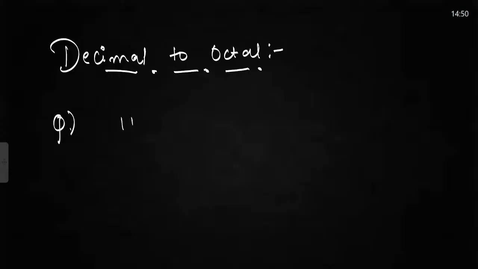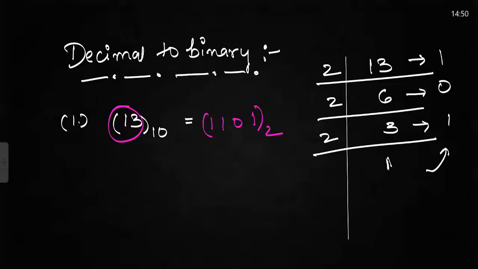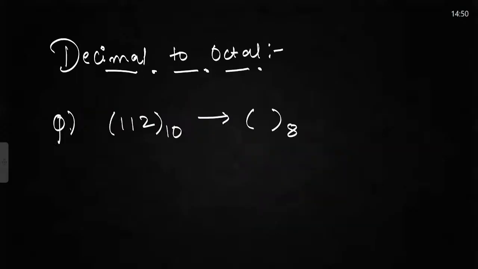I am having 112 as a decimal number. Now I need to find its equivalent in octal number system. So how did we calculate decimal to binary? Here we were taking 2, but for octal the base is 8. So here we will take 8. Same method, but we will take base as 8.